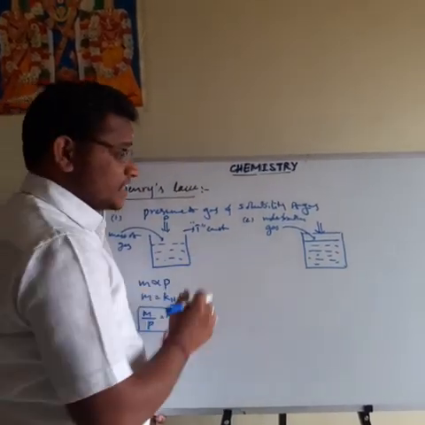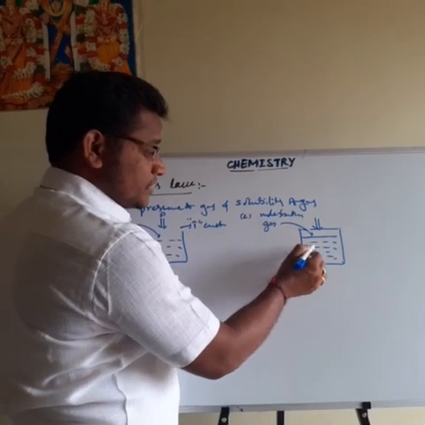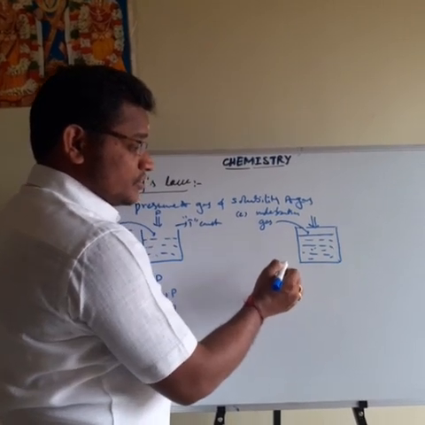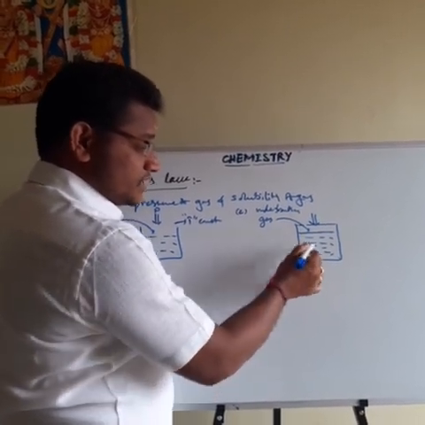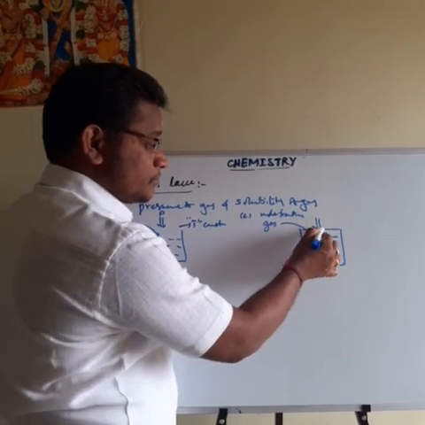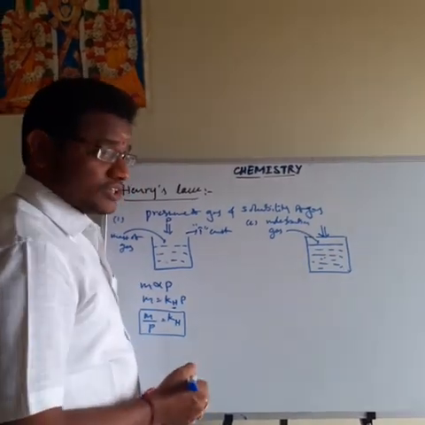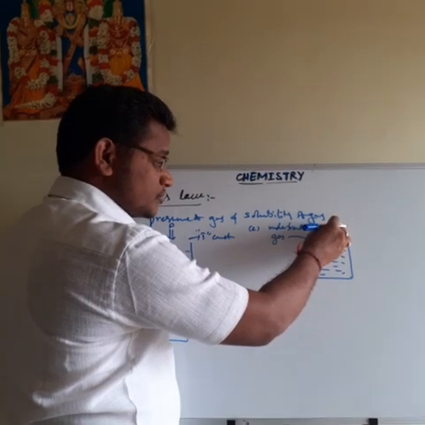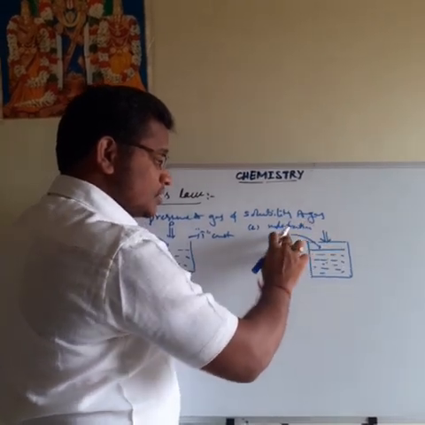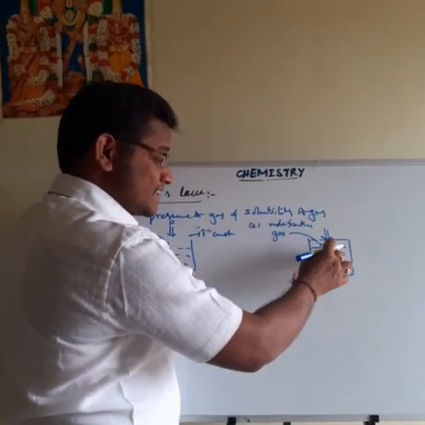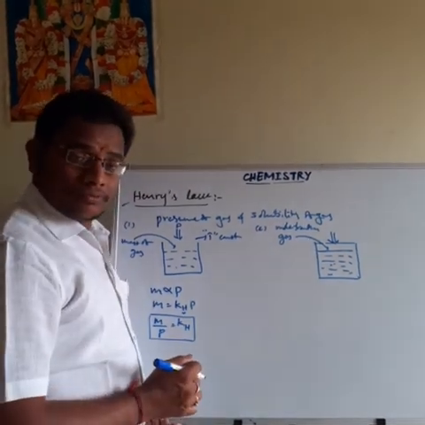Once again, what is the second definition? The mole fraction of the gas dissolved in the liquid at constant temperature is directly proportional to the partial pressure of the gas over the surface of the liquid. That means if the partial pressure of the gas over the surface of the liquid is increased, more mole fraction of the gas is dissolved in the liquid.